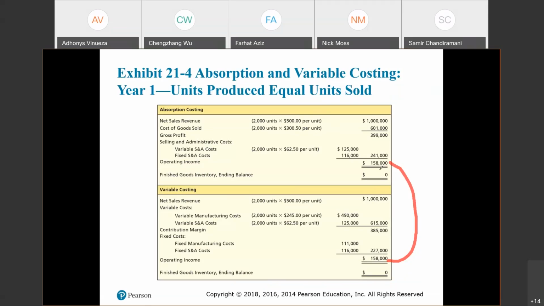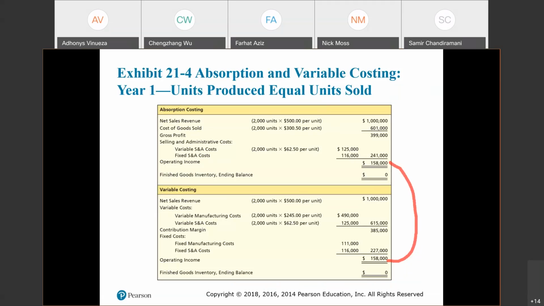We get operating income to be $158,000, which is the same amount as the operating income calculated using absorption costing. Well, this is the first scenario where units produced equal units sold. Again, in this scenario, the operating income using both methods should be the same amount.